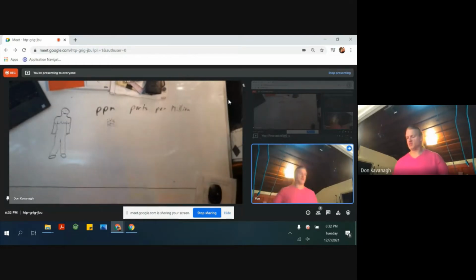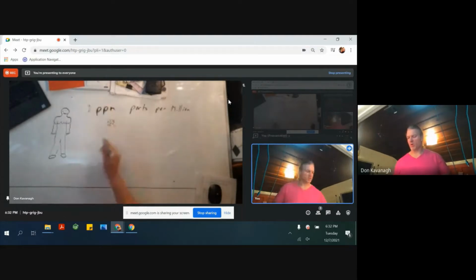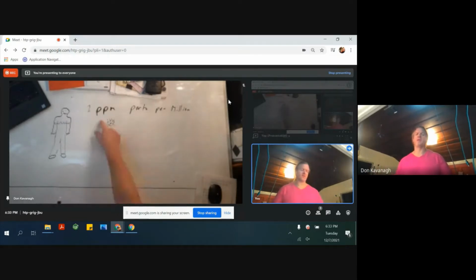If something is 1 part per million, then there's 1 dot representing that one substance there. So you have a million parts and 1 part of it is right there.